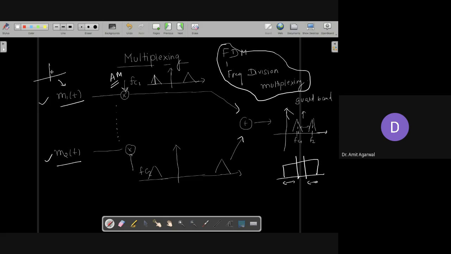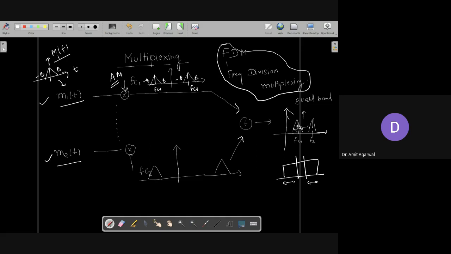And if this is the magnitude spectra of your M1 signal, how would the spectra of the modulated signal look? This is the spectra of your modulated signal centered around FC1, and if this is the bandwidth B, you can transmit this signal centered around FC1.